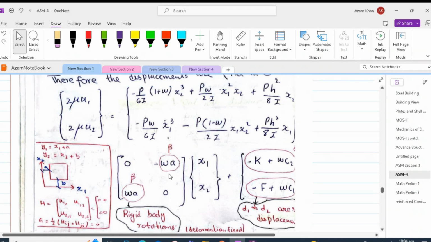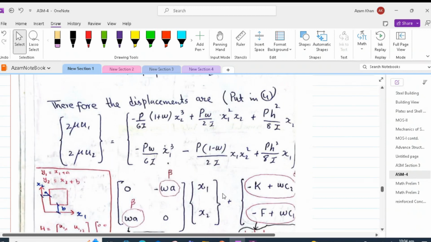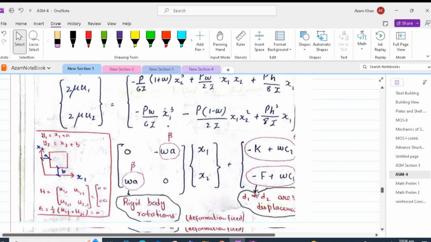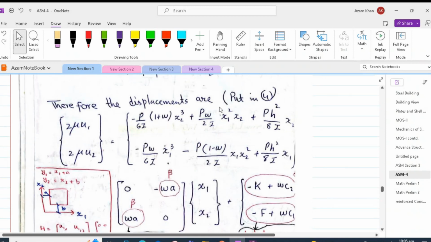The reason that we have separated it in this form is that we can call this last matrix of constant of rigid body displacements. This bracket is a rigid body rotation, and these are actually the displacements.